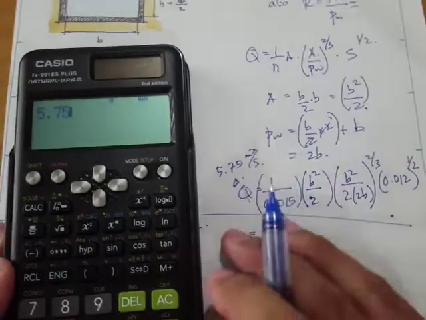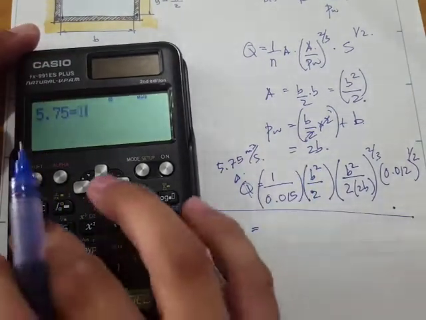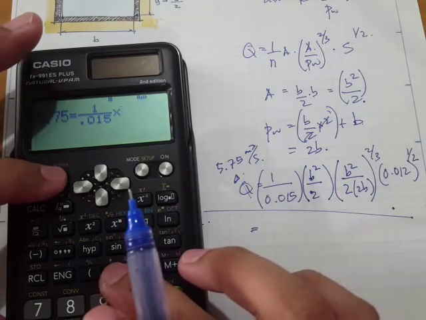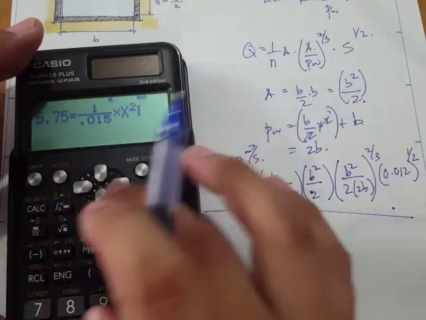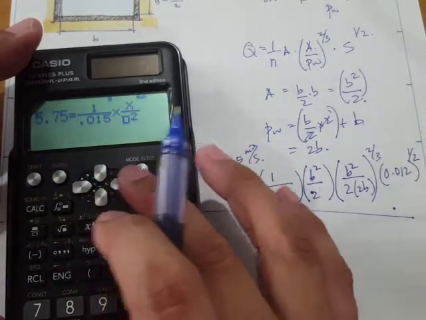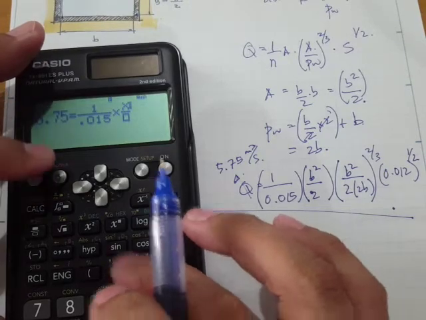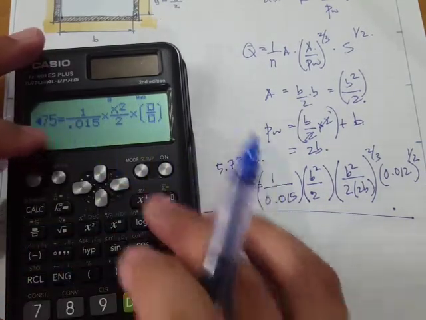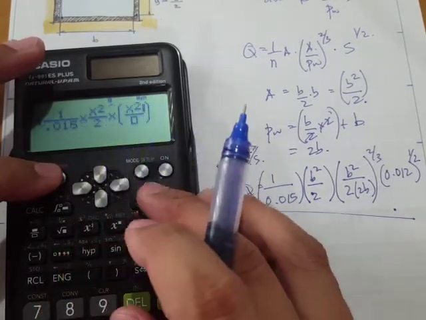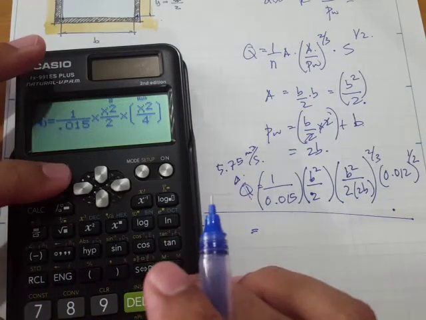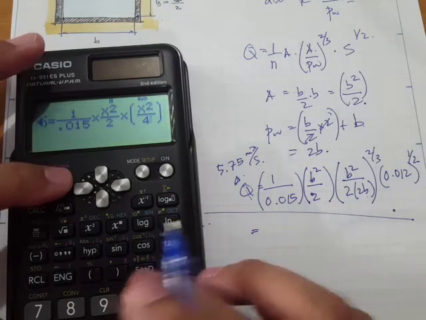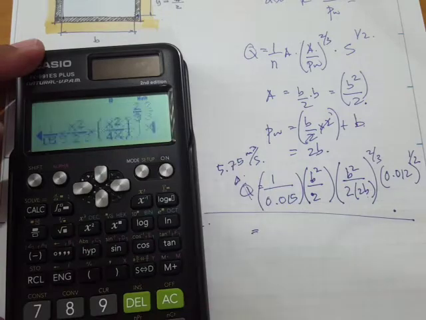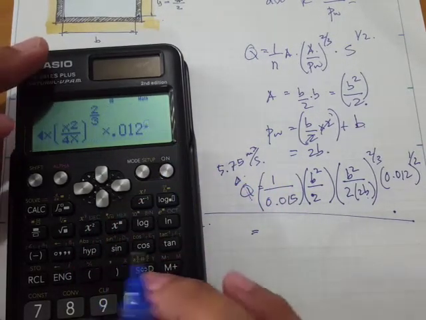This is 5.75 equals 1 over 0.015 times, here is our variable, alpha x, times alpha x squared over 2 times this, b squared alpha x squared divided by 4b alpha x, then this one is raised to 2/3, and times 0.012 raised to 1/2 or 0.5, then shift solve.